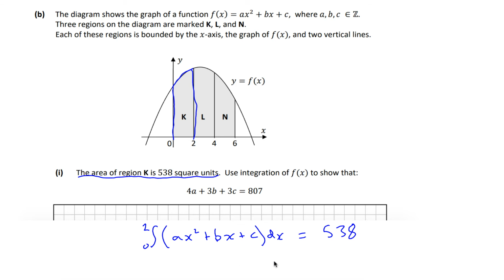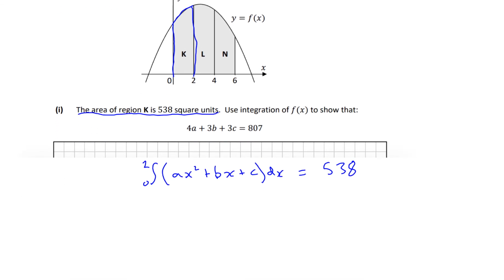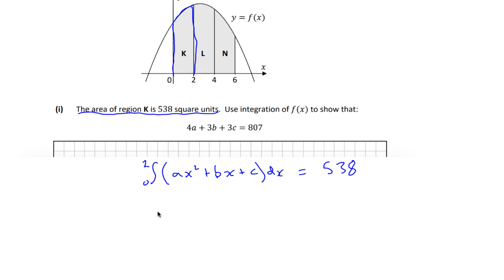So we're setting this equation up based on this information. And we're hoping from this that 4a plus 3b plus 3c equals 807 is going to come out. So let's apply this. Well, the integral of ax squared is ax cubed over 3. Just like we did in part A, we're going to integrate each term of this polynomial, plus bx squared over 2 plus cx.